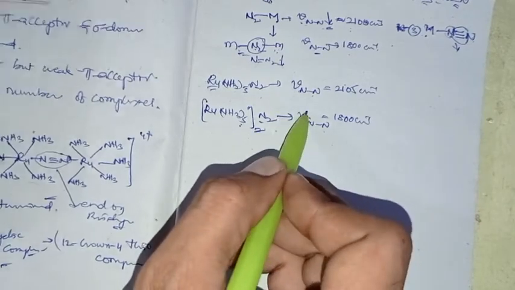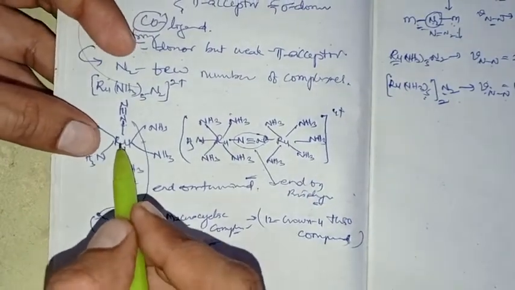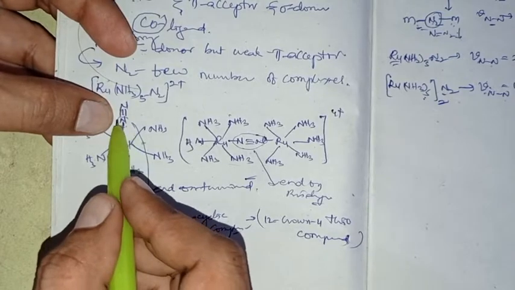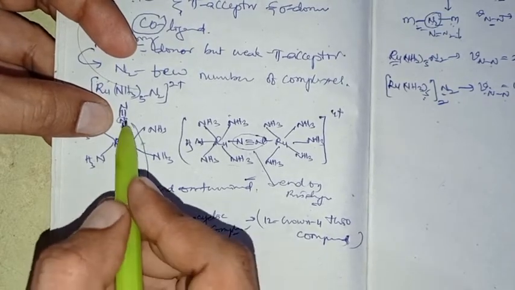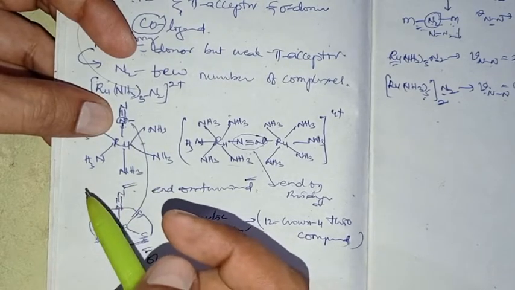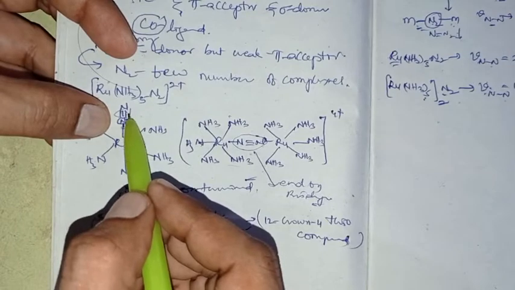This is because in the monomer only one ruthenium is binding with one nitrogen side of the dinitrogen, so only one of the nitrogen's trivalency is affected, and with respect to that the bond order was decreased.